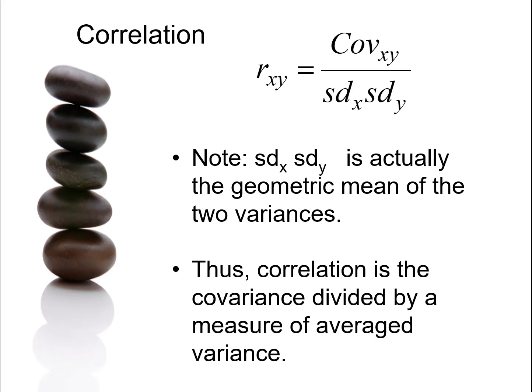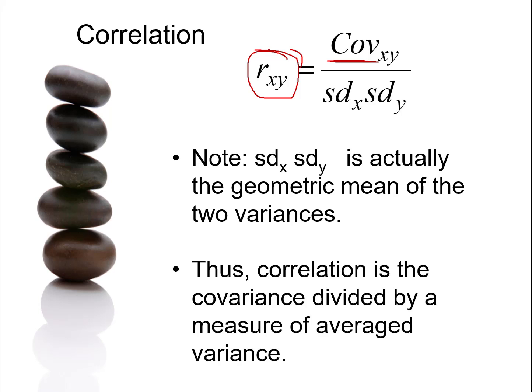And so putting everything together, I have at the top of the screen the formula for calculating a correlation. So we have Rxy, and the letter R is the letter we'll use as the symbol for a correlation. So R subscript xy stands for the correlation between variable x and variable y. And I will use the letters COV to stand for the covariance.